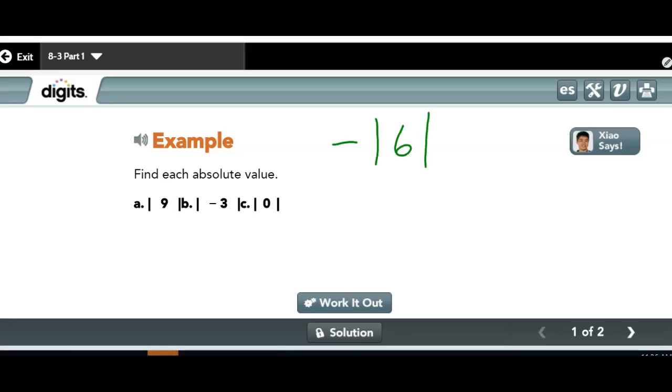What do you think about this one? Okay, how would we read this problem? How would we read it? Mark, I know you want to try it.